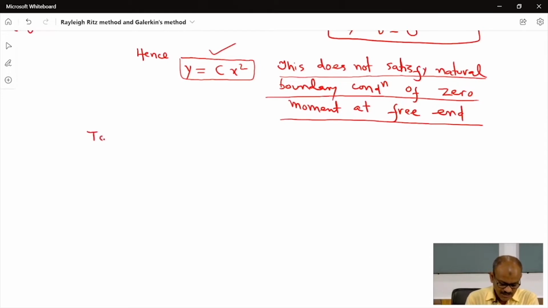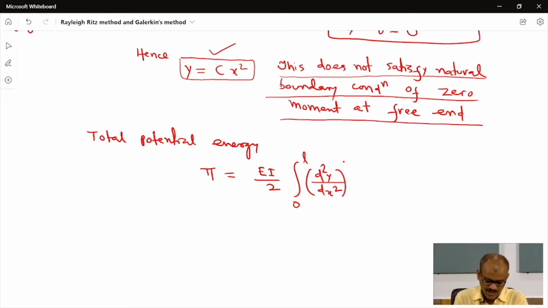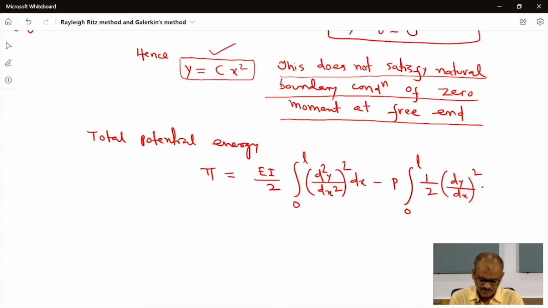The total potential energy expression is, as usual, we have written this many times: EI by 2 integration 0 to L d square y by dx square whole square into dx minus P into integration 0 to L half into dy by dx whole square into dx.